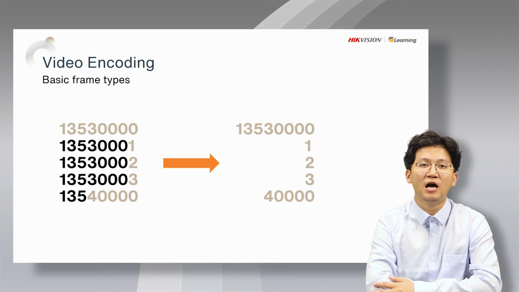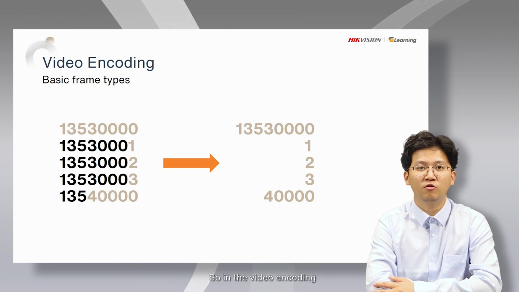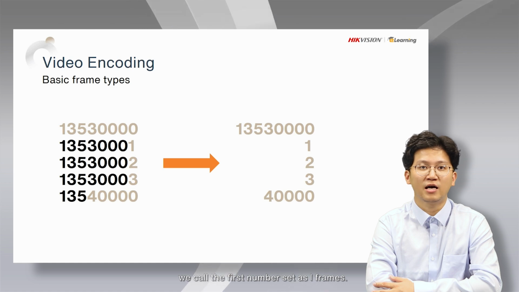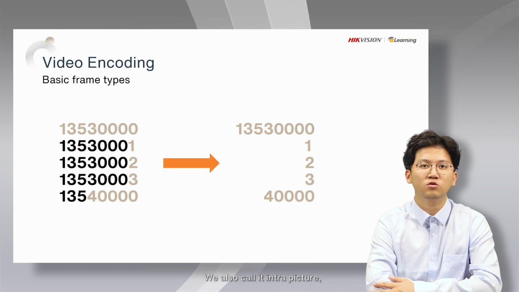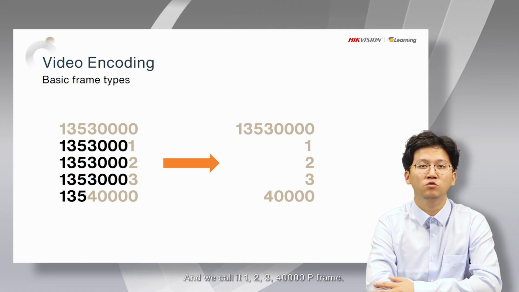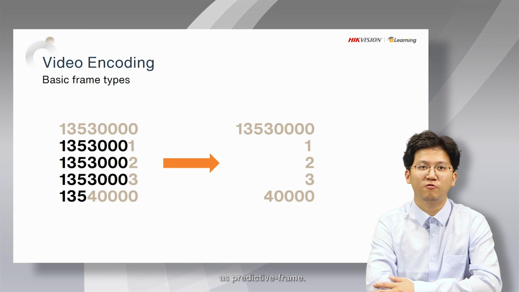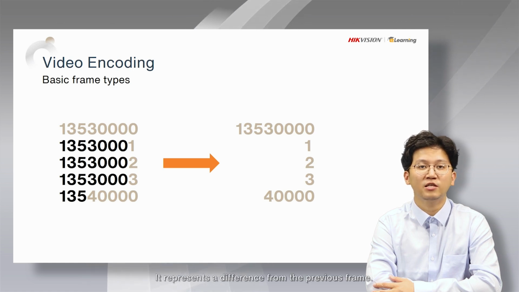So if we take 5 number sets as 5 frames, which contain different content, then in video encoding, we call the first number set the I-frame. We also call it the intra picture, which contains some key information. And we call 1, 2, 3, 4 the P-frames. We also call it the predictive frame. It represents a difference from the previous frame.